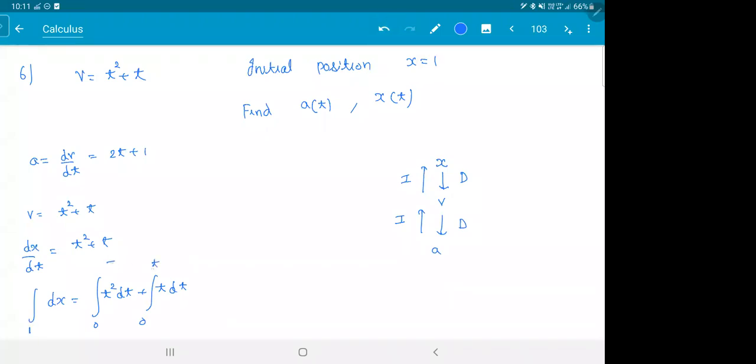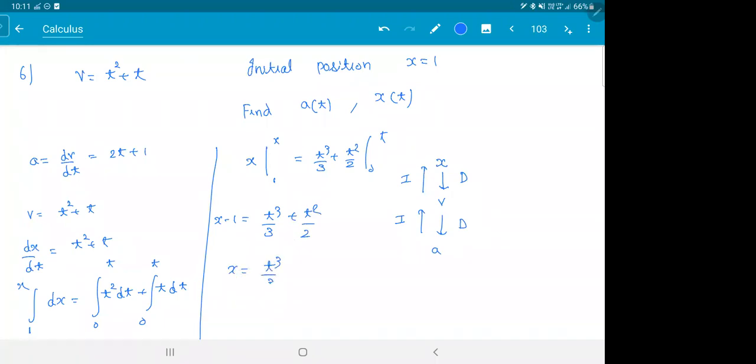Time is t, position is x. Integrate this, limits from 1 to x and 0 to t. This would be t cube by 3 plus t square by 2, 0 to t. Sorry, this is x. So this would be x minus 1 is t cube by 3 plus t square by 2. So x is t cube by 3 plus t square by 2 plus 1.